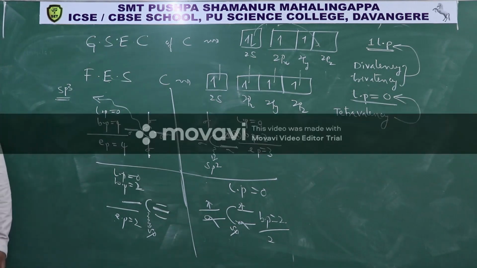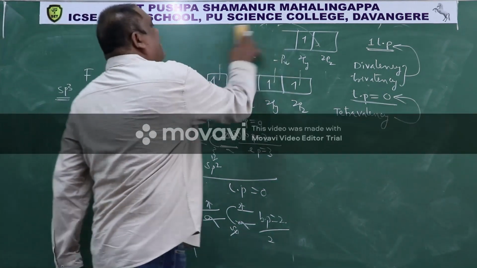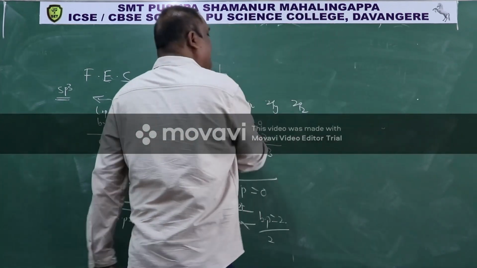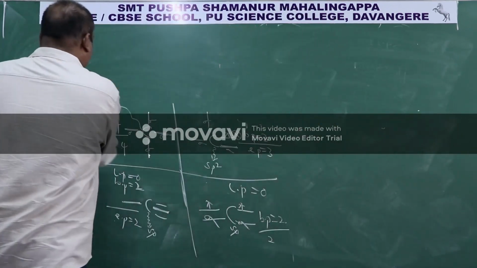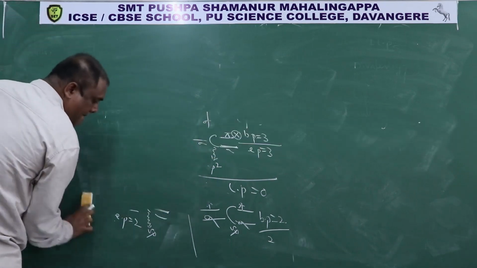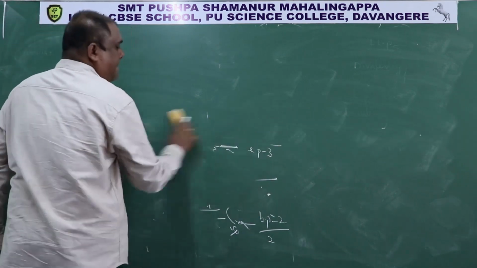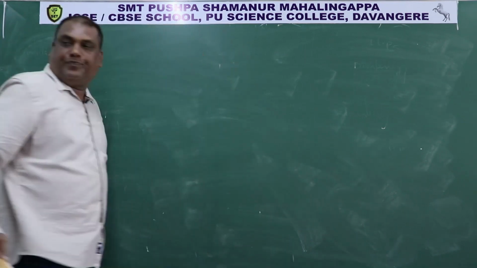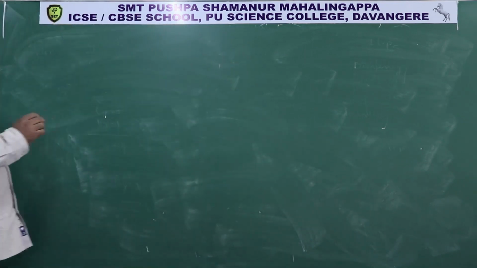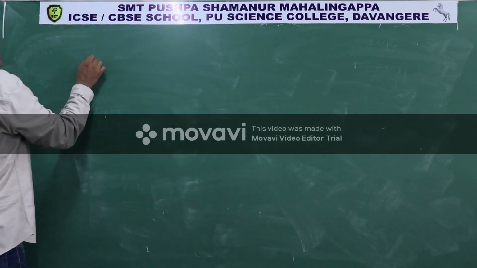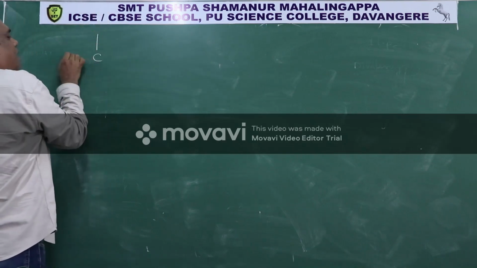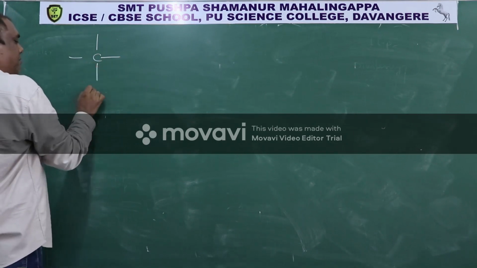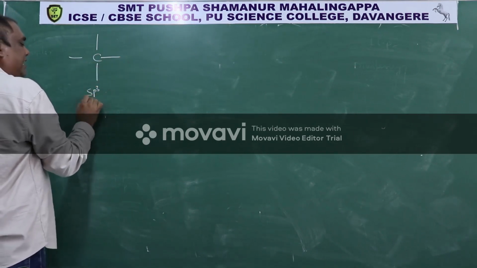So here, in an organic compound, if carbon is forming 4 single bonds like this, then that carbon hybridization is sp3 type.